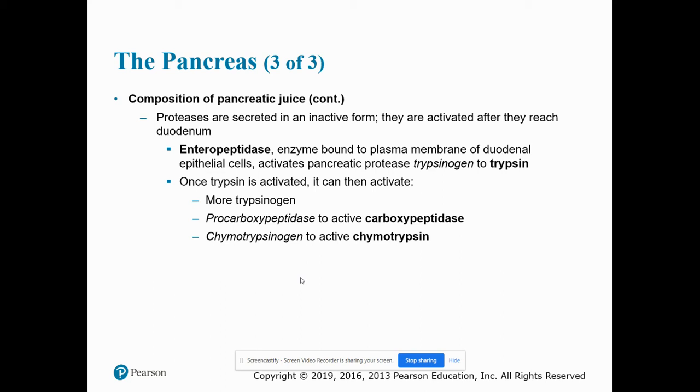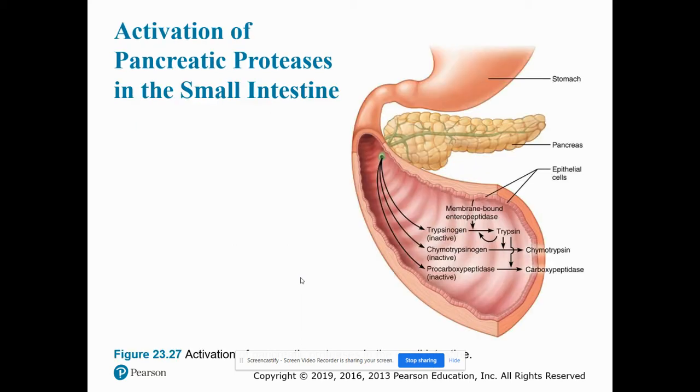Once trypsin is activated, it can then activate more trypsinogen, and it can also convert procarboxypeptidase to the active carboxypeptidase, and chymotrypsinogen to the active chymotrypsin. And so we can see that we have the inactive forms being secreted, and then they're going to be converted to the active forms.